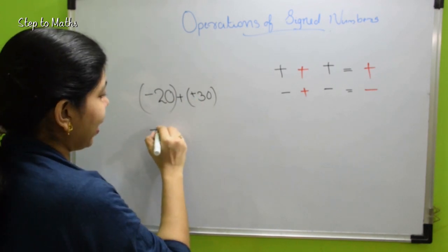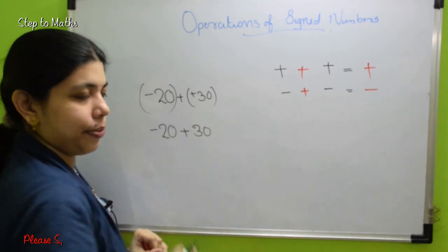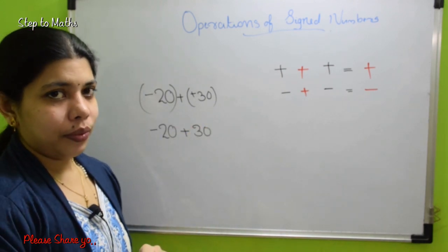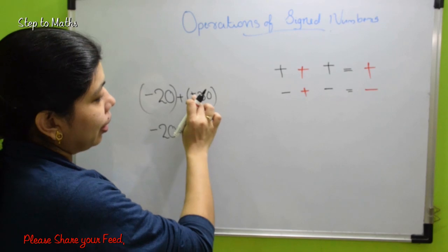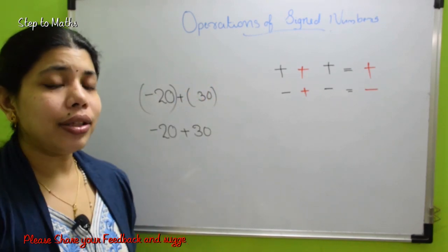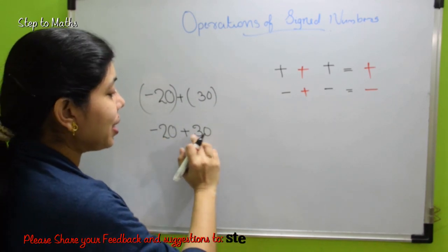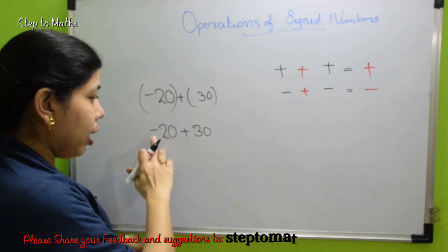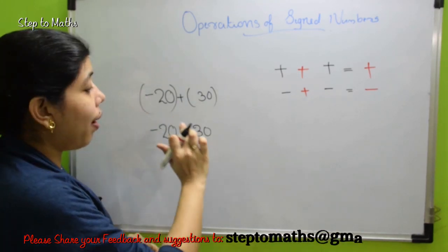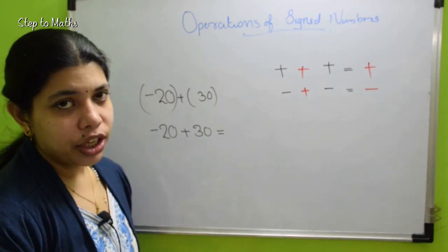We simply write minus 20 plus 30. I already told you that without a symbol, without a sign, the number is positive by default. So minus 20 plus 30. Here one number is negative and one number is positive. How can we perform the addition?